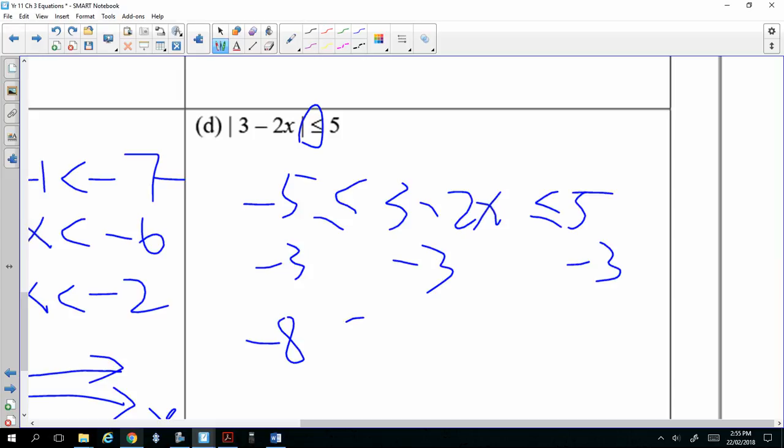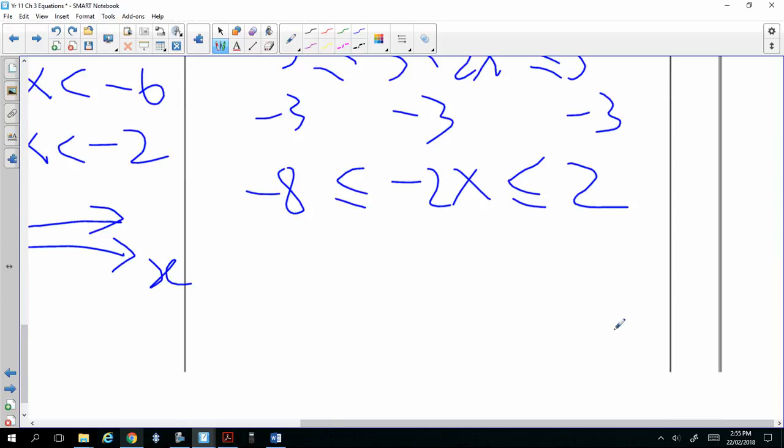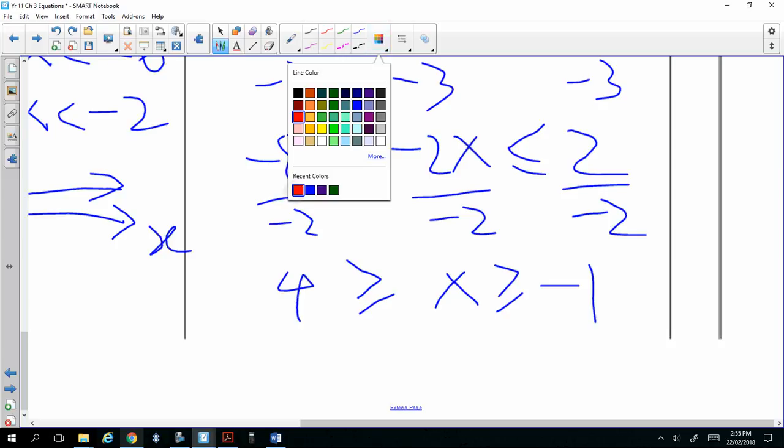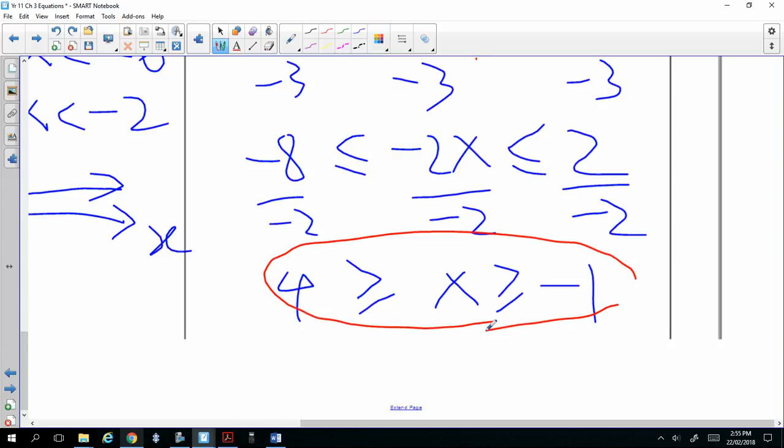When you divide by negative 2, you get 4, but x bigger than negative 1. And when you see this, make sure you put the negative there and reverse the inequality. And then you can graph it, which is between negative 1 and 4.